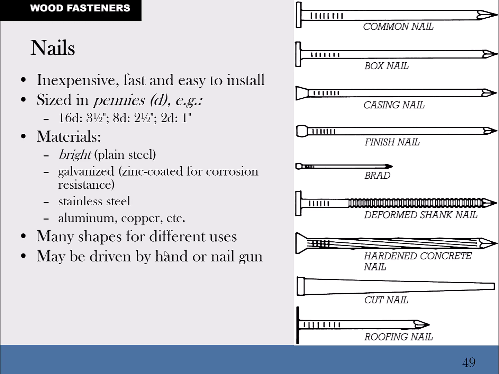The deformed shank, either a spiral or ring shank like this, as you see down underneath brad nails, is something that's great for something like fencing or subfloor, because the ring shank is really hard to pull out. When you shoot it in or drive it in one way, it doesn't like to come out. It'll tend to come out in pieces, so it's got a lot of holding power.